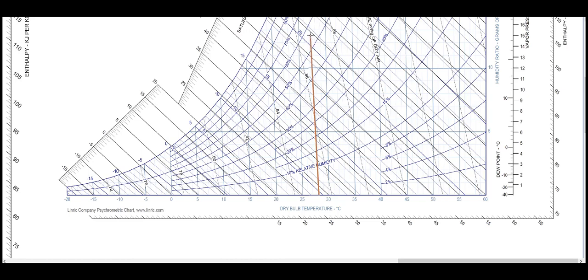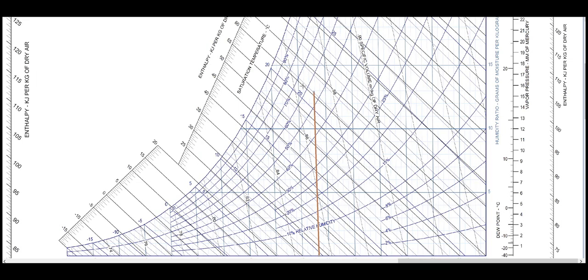So going up, so this is 15. So let's go up. So this is 15. So we have 21. So we have here 25. So this is 20, 21, 22, 23, 24, 25.